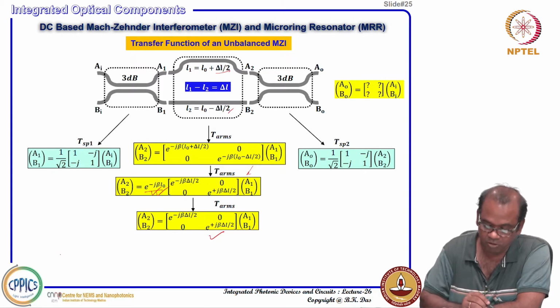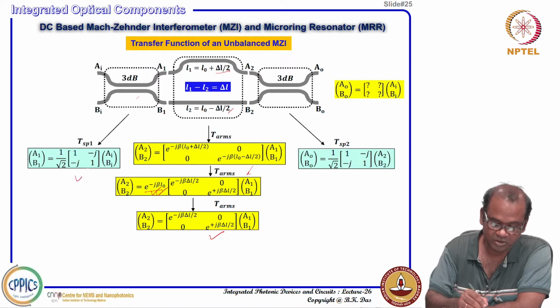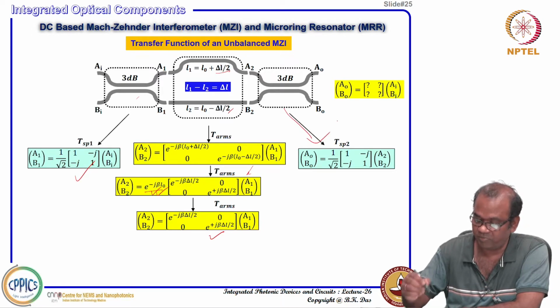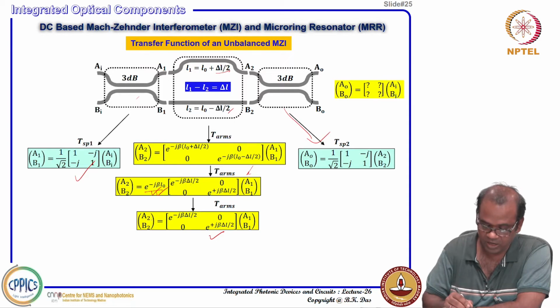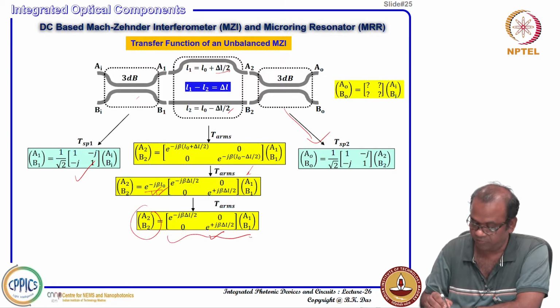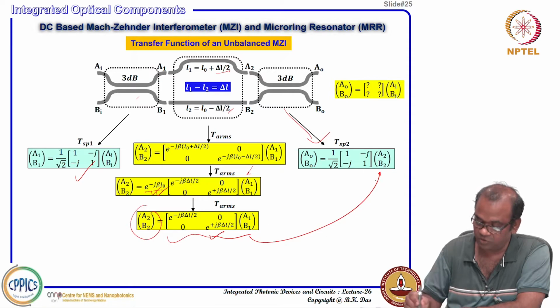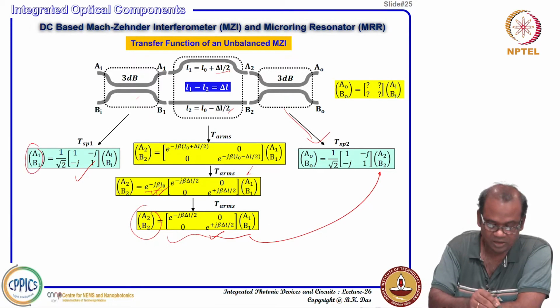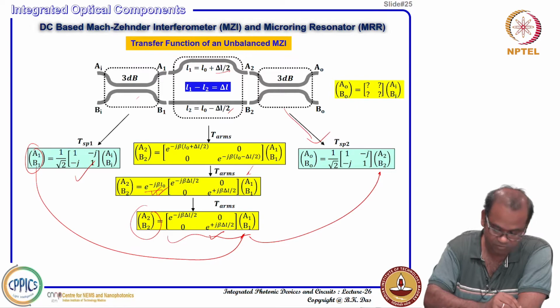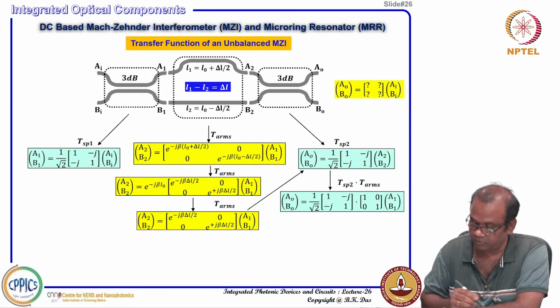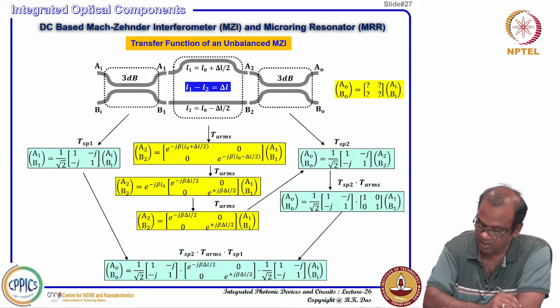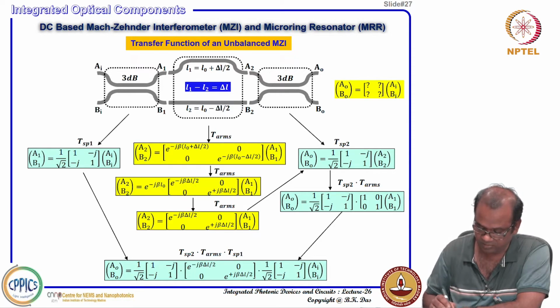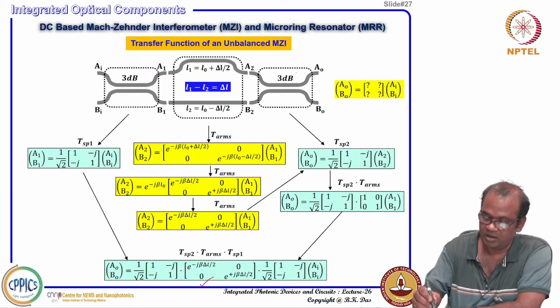Now you know that this is also represented in matrix form, and this too. So, this entire thing I can represent here, and once we represent it, I can put the input A1 B1 here, then I can get the final value. I just multiply this, and ultimately I get this 3 matrix product, sequentially: the input AI BI, then input splitter 1, then the Mach-Zehnder arms matrix, and then splitter 2.